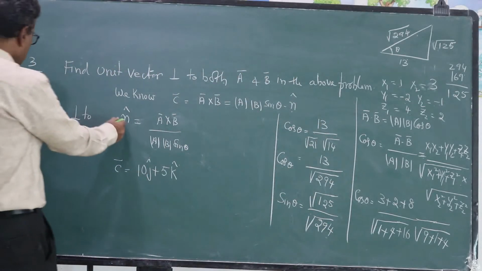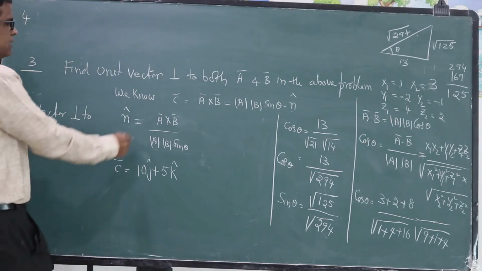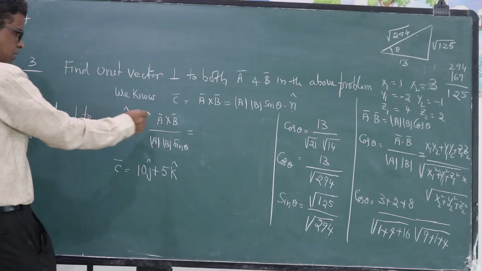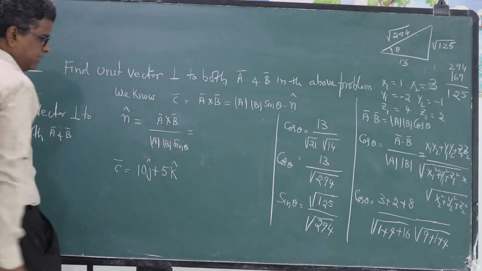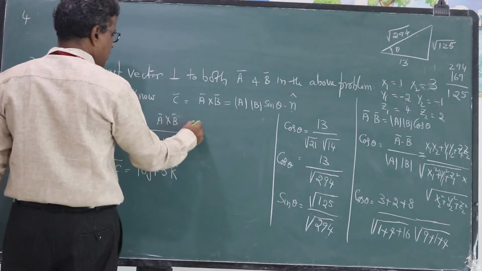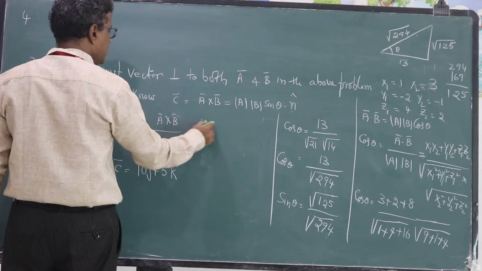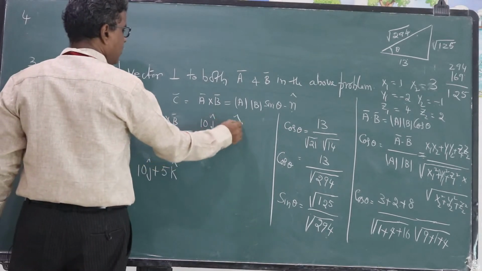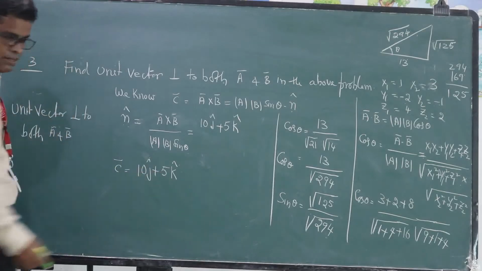So we want n cap. N cap is a bar cross b bar by mod a mod b sin theta. So what will you get? A bar cross b bar is 10j plus 5k. We already calculated this in the above problem.